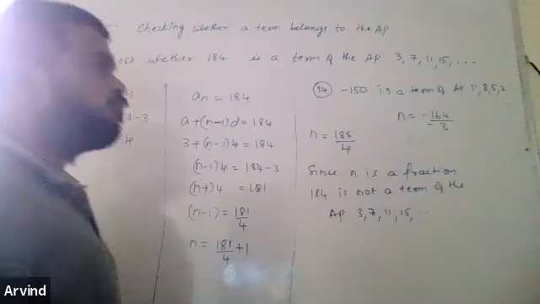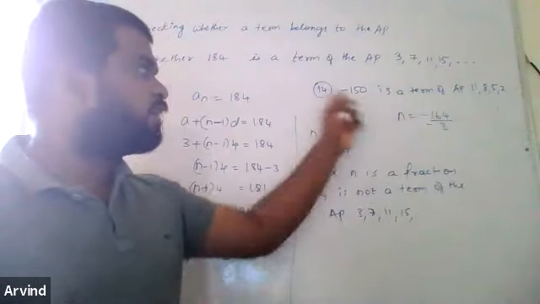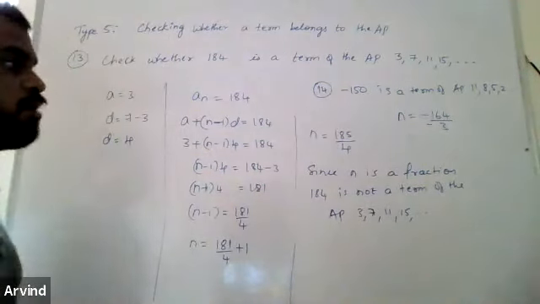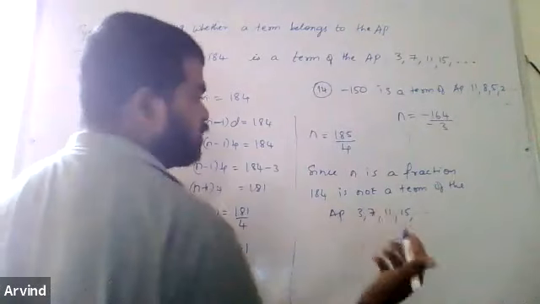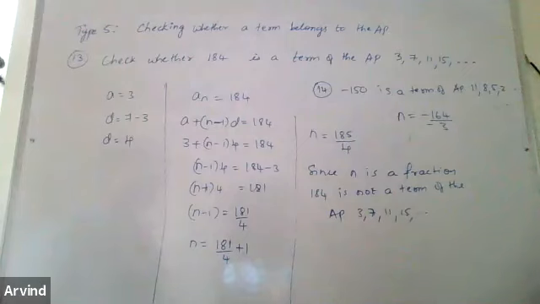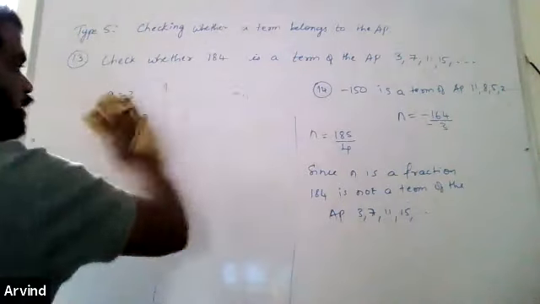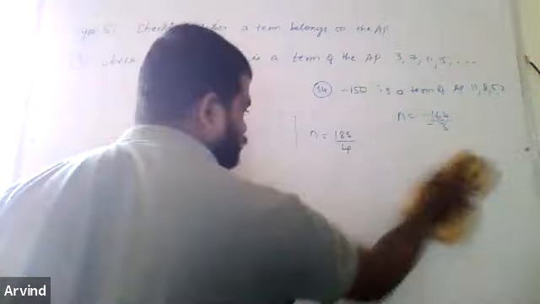So 164 by 3, again it's a fraction. Since you're getting the value of n as a fraction, minus 150 doesn't belong to the AP. But if you're getting a natural number like 25 or 36, like in the previous problem, then it is a term of the AP. I hope I need not do it.